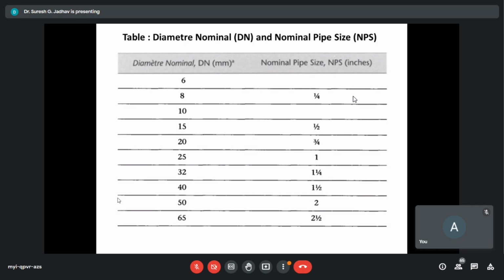That is B36.10, welded and seamless wrought steel pipes, carbon steel pipes, low temperature carbon steels.